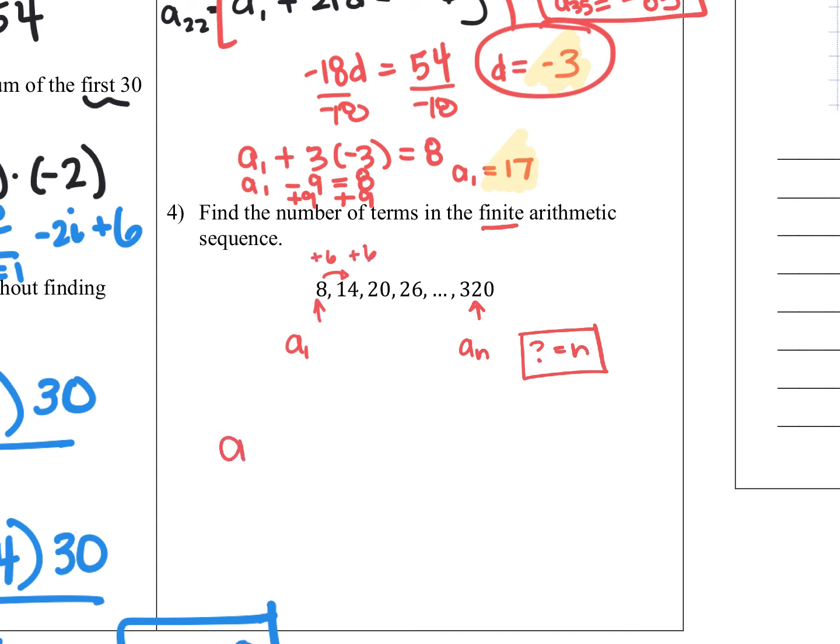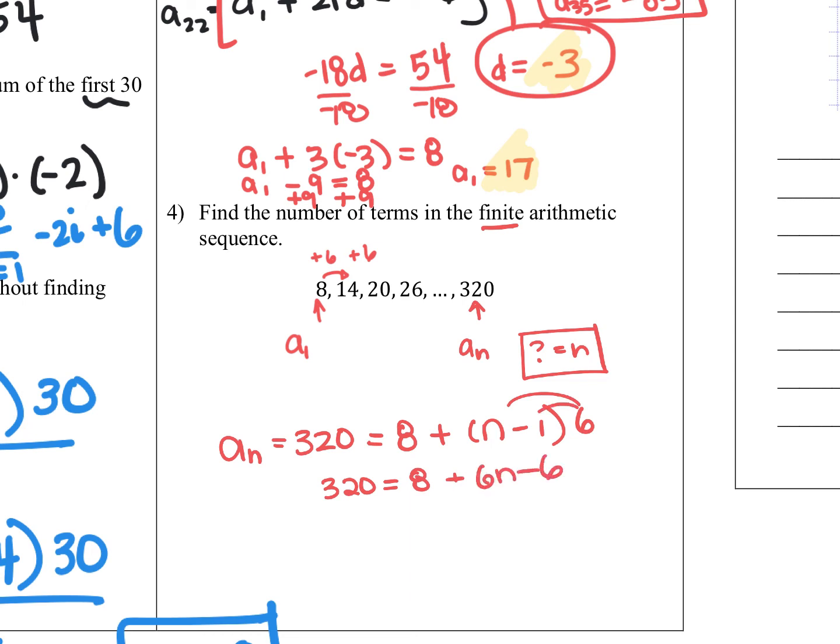So I know that this nth term, which happens to be 320, is equal to the 8 plus a whole bunch of those d's, n minus 1 of them. So if I solve this equation, this is going to be 8 plus, distribute, 6n minus 6. 320 is equal to, combine 8 and negative 6, that's a 2, plus 6n.